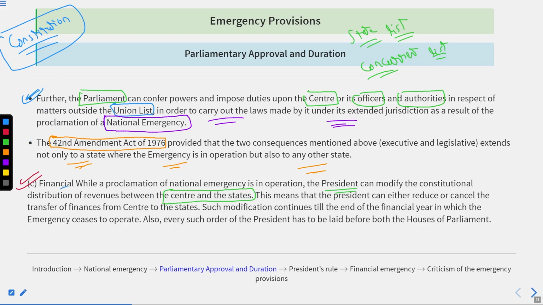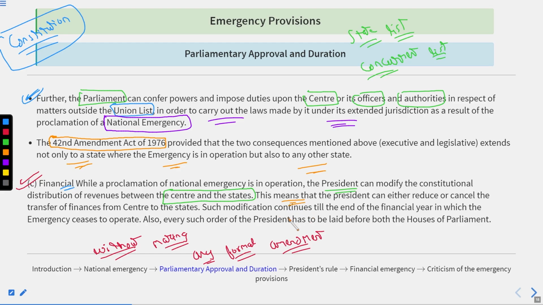But whenever the financial emergency is in force, the provisions of the constitution could be modified without making any formal amendment.